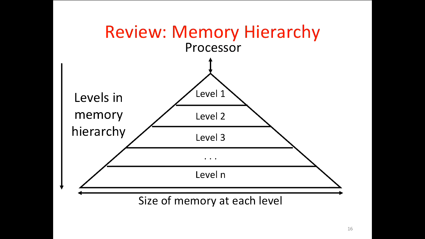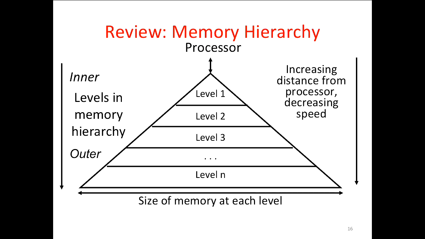So up and down doesn't make sense. I always like to use inner and outer, because that to me is unambiguous. Inner is next to the processor, outer is further away, right? So I always like to say inner and outer levels of the memory hierarchy. And as you go further away from the processor, they get slower in terms of latency. The time to access will grow just because of physics, okay?